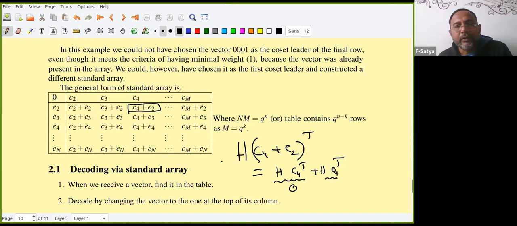Okay, now this will help you. If I take any row here, any vector from here, and multiply it by h, what am I going to get? Look carefully again. Any vector you take and multiply by h, what do I get? 0 only.